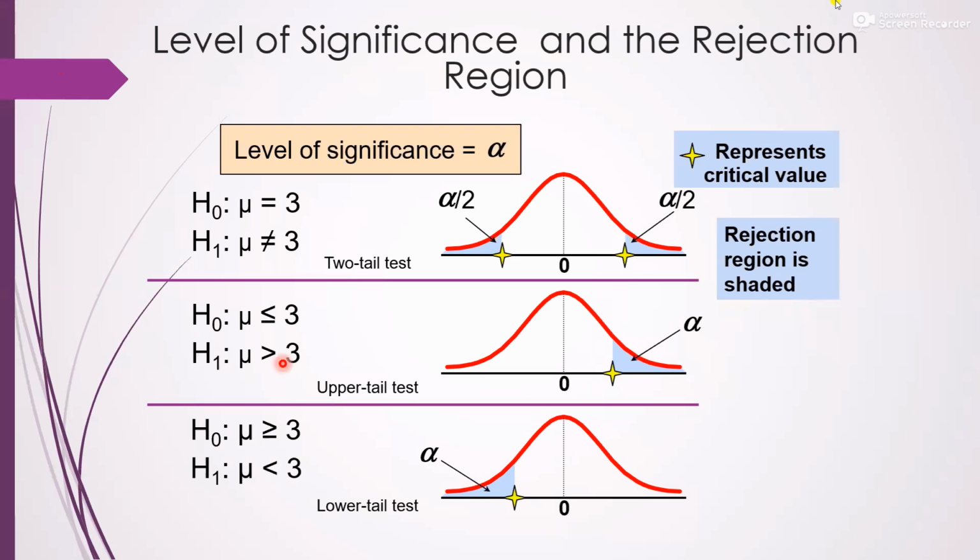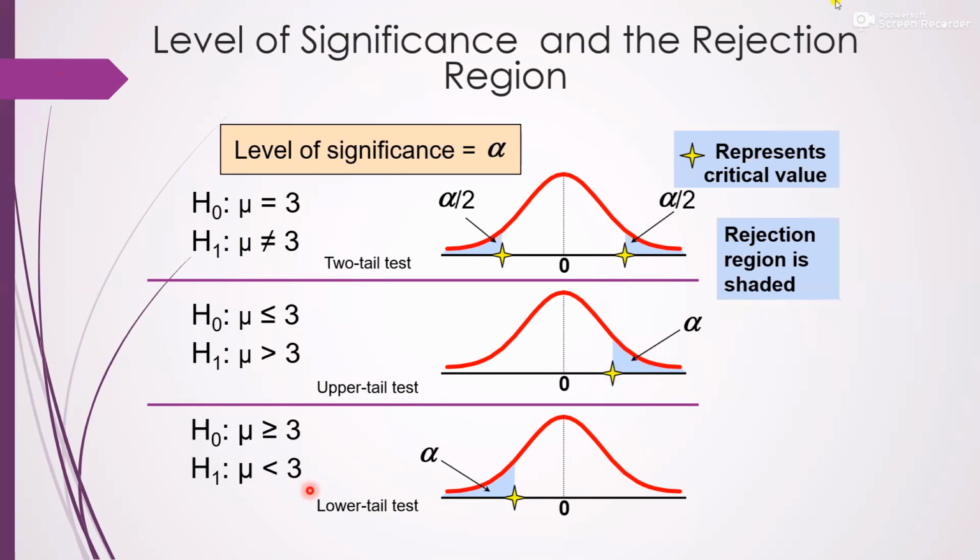Right? So if the sign is greater than in the alternative hypothesis, that is called the upper tail test, then you have to consider the right tail of the diagram, right? So the level of significance alpha is marked here in the right tail. This is a rejection region, right?